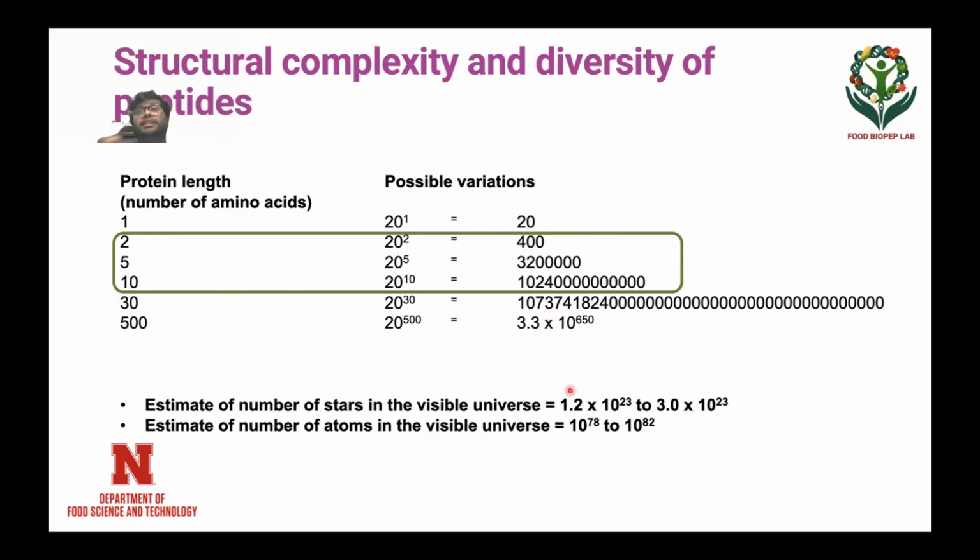So the diversity, the different kinds of peptides that are present, is pretty large. And typically bioactive peptides are from 2 to 10 amino acids long. So if you add all these numbers, those are the different combinations of peptides that are possible. And from that, some of them will be bioactive, some of them will not be bioactive. But our job is to identify which of these sequences are biologically active.